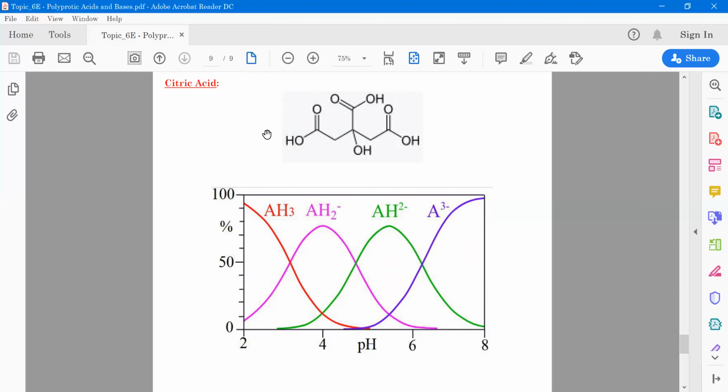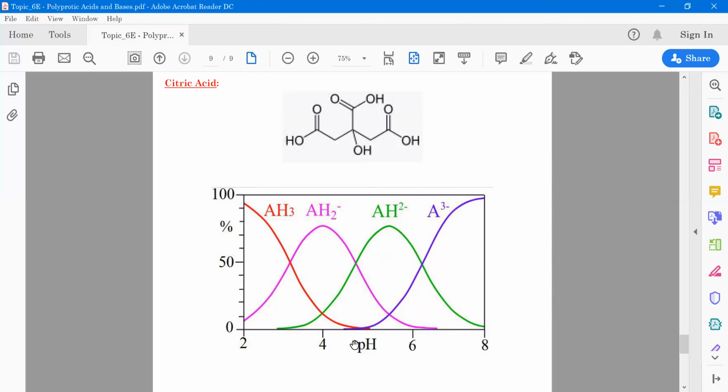But this is a very important equilibrium system that has to be taken into account in the food industry, because citric acid is one of the components of soft drinks, especially ones like Coca-Cola and Pepsi-Cola and so on. So the concentrations of all of these species are determined by the pH, and the pH of the solution is adjusted very carefully when they manufacture these things to have the concentrations of these four species be exactly balanced in a way that provides something that is tasty but not corrosive.